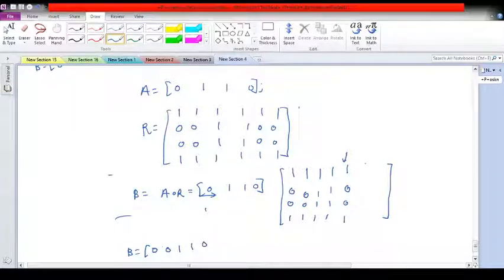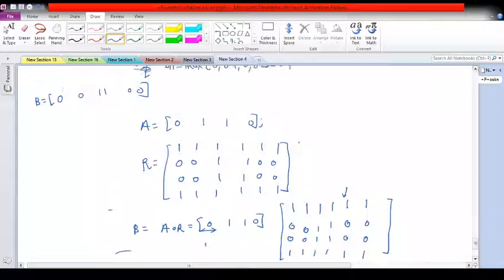Similarly the next column is 1 0 0 1, so from that also it is 0. So you can see this resultant B which we have obtained is exactly the same as what we used for the rule which we defined, and from that this relation matrix was obtained.